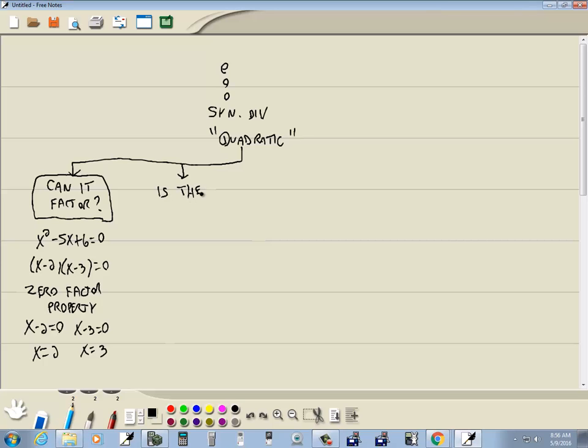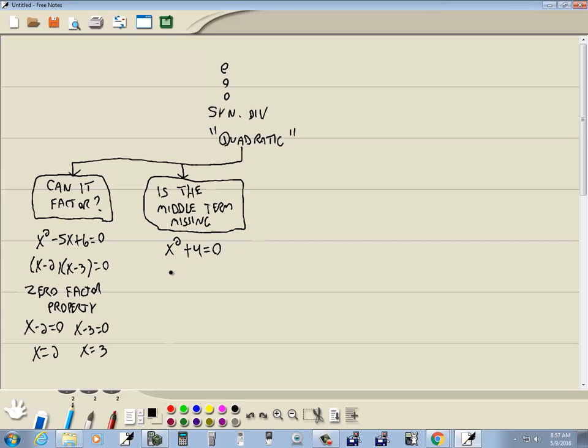Is the middle term missing? Although some of these you can actually use that first technique we looked at. You can factor. But this is like that one we just looked at, where we had x squared plus 4 equals 0. Our middle term's missing. We don't have the x.